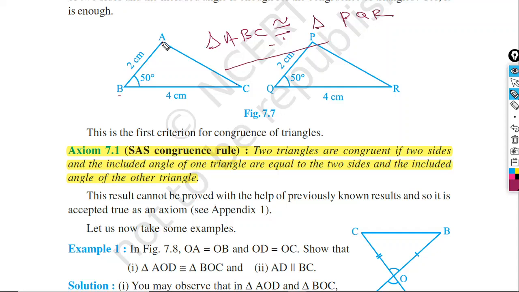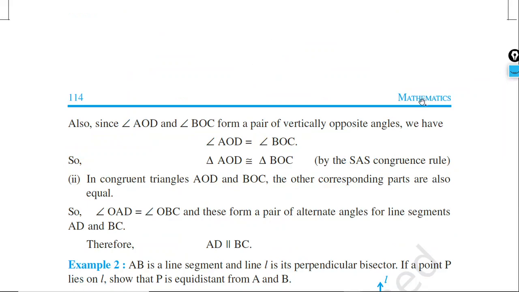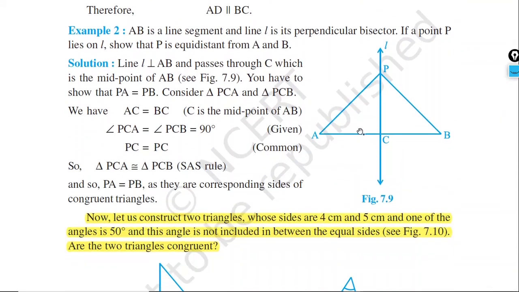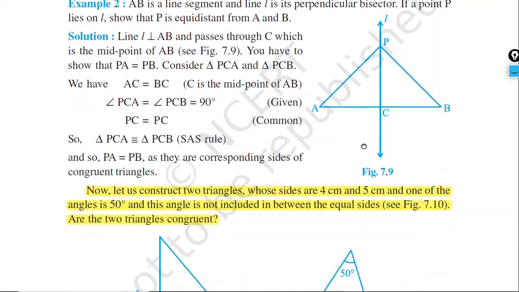Here you must see A corresponds to P, B corresponds to Q and C corresponds to R. So first I have written A, so P, then B, Q, C, R. So triangle ABC is congruent to triangle PQR, and the congruency rule is side angle side. So this is our first axiom. Now taking this axiom into consideration, there are some example 1 and example 2. You please go through them.